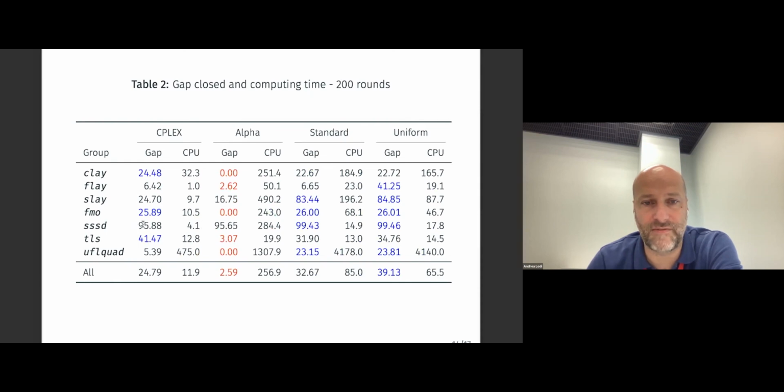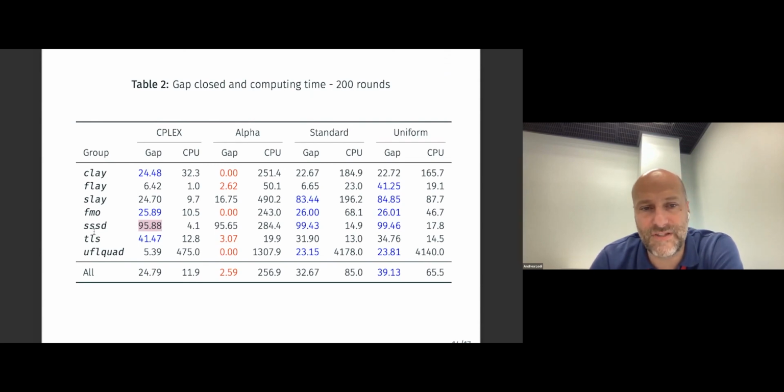It gets to 95 in these 200 rounds, so it's closing the gap and doing much better. I don't have a picture in mind exactly of when this happens, but I think it's gradually going up, not jumping very much.